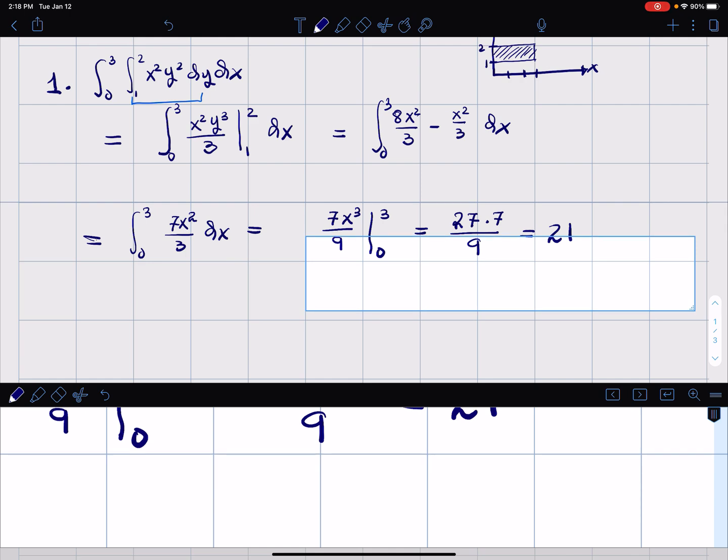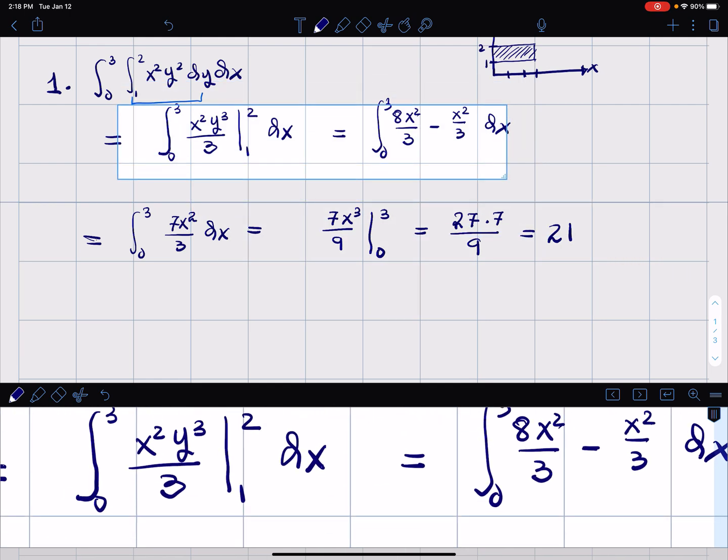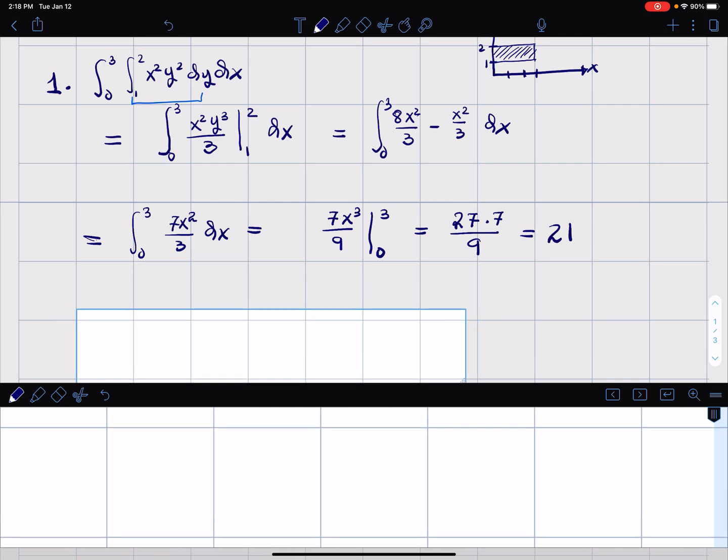So I don't know how I ended up with 21. So let's see, you plug in 2, you get 8x squared over 3. Plug in 1. Oh, okay, that's fine. I have the x squared. Okay, that's good. All right, so let's try another problem.